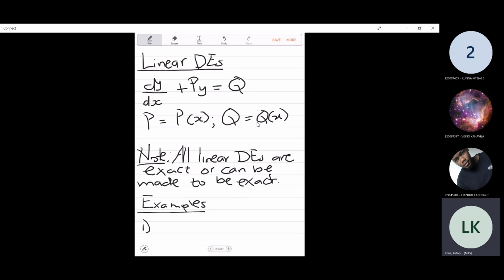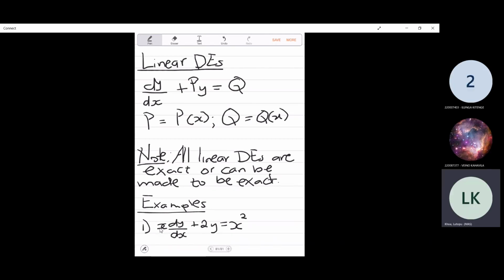So number one, we have x dy/dx plus 2y is equal to x to the power of 2. So as the question is given, it is not exactly in this form because we have a coefficient of dy/dx over here. So first thing we need to do is divide everything by x.